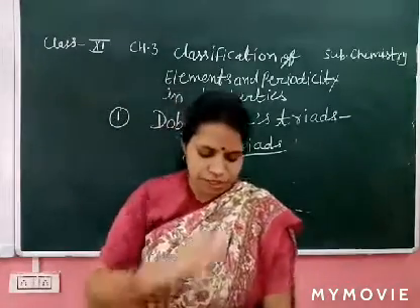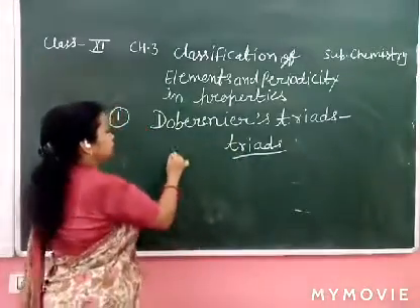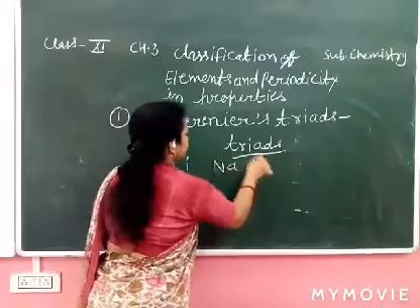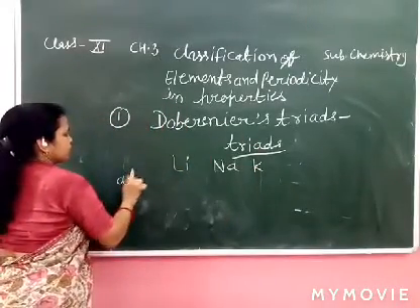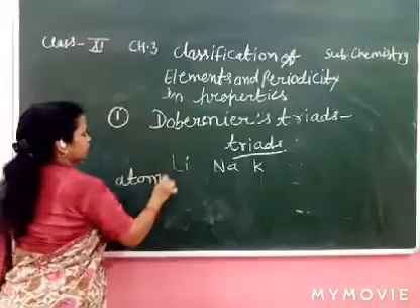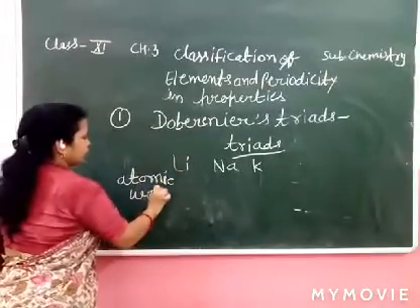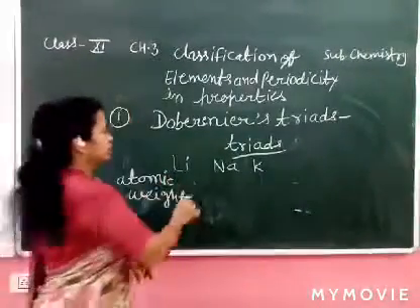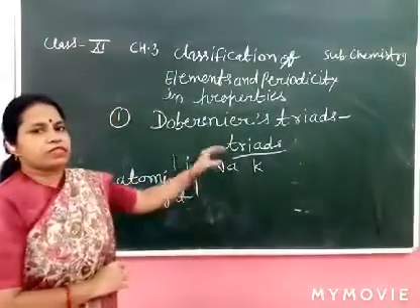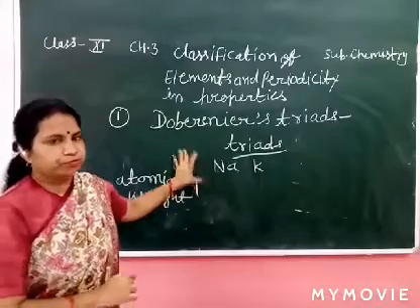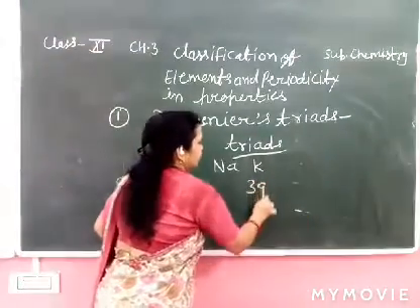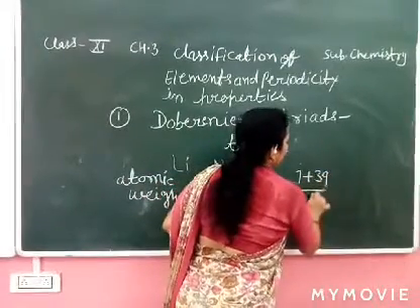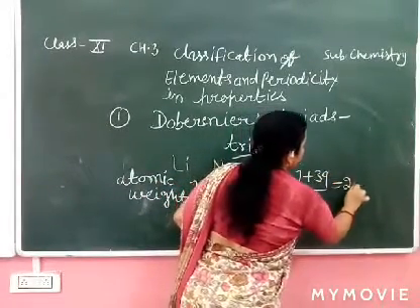There are some examples, like lithium, sodium and potassium. These are arranged in increasing order of their atomic weight. Clear? What is the weight of lithium? 7. What is the weight of potassium? 39. Calculate the average value: 7 plus 39 upon 2, which is almost equal to 23.